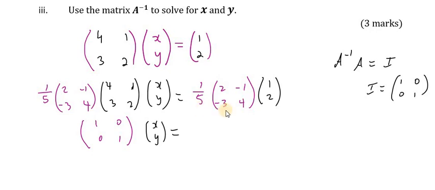And then we'll multiply the inverse by the 2 by 1 matrix with entries 1 and 2. Now to do this, I'll leave the fraction, that is the scalar, for last. And then we'll multiply row by column. So now let's do that. Now 2 times 1 gives us 2. Let's do it at the side. 2 times 1, first by first, in other words 2 1s 2, plus negative 1 times 2 is negative 2.